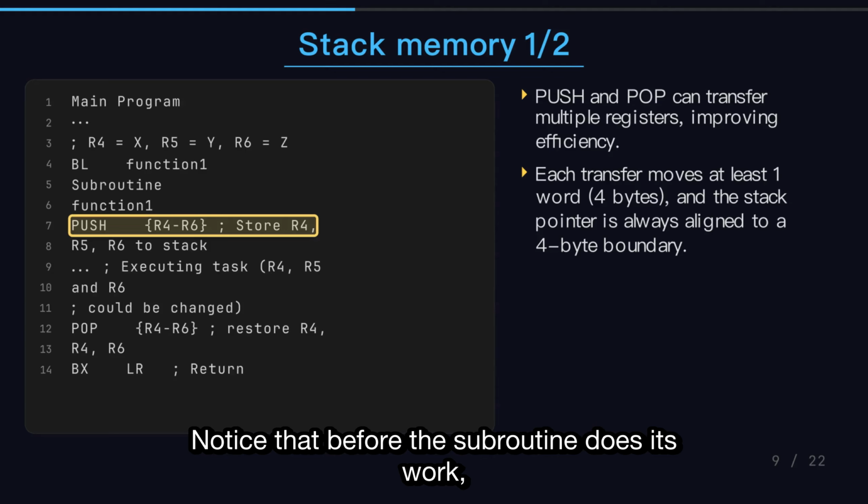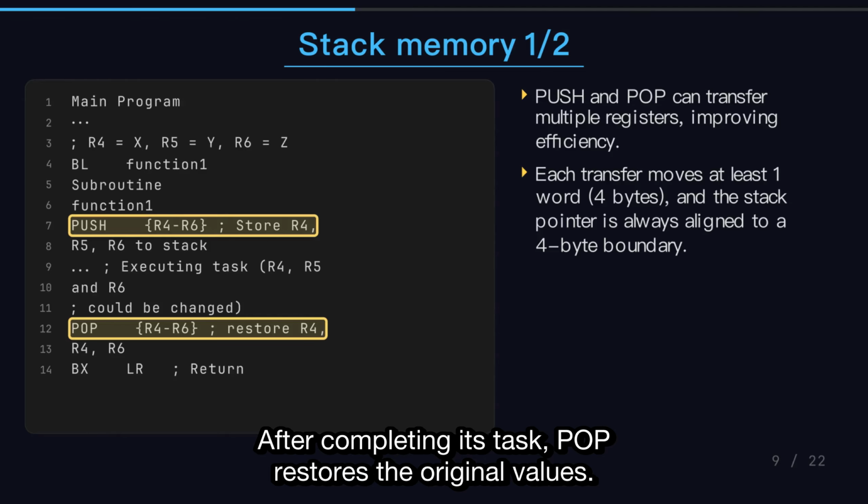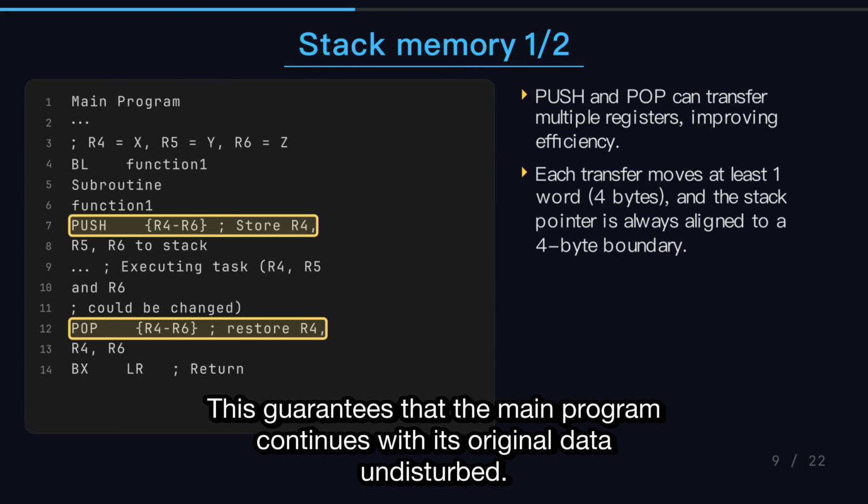Notice that before the subroutine does its work, the instruction PUSH {R4, R1, R2} stores registers R4, R1, and R2 onto the stack. After completing its task, POP {R4, R1, R2} restores the original values. This guarantees that the main program continues with its original data undisturbed.